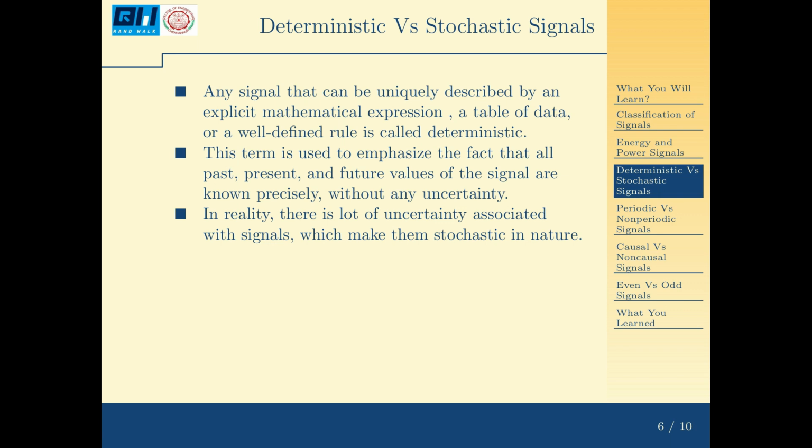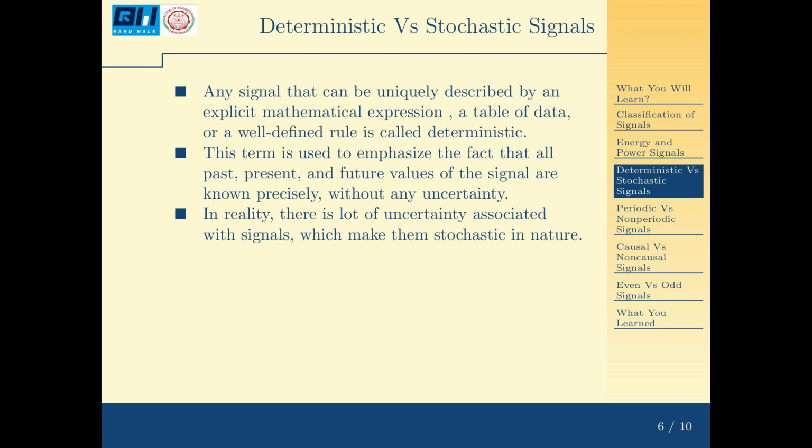Now what we have seen is a classification of energy signals and power signals. That is, if the signal has finite energy, it's an energy signal. If it has finite power, it's a power signal. Mostly the periodic type signals, and most of the signals that extend to infinity, that is infinite in duration, they are mostly power signals.